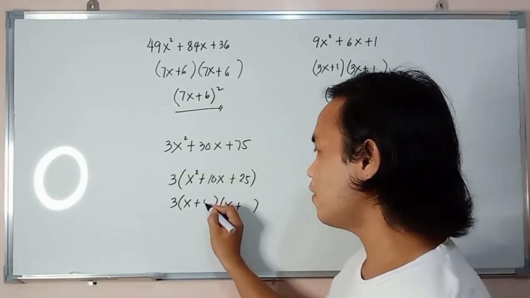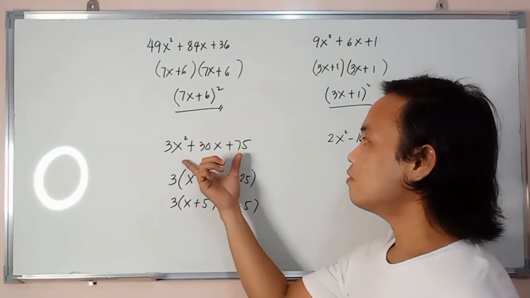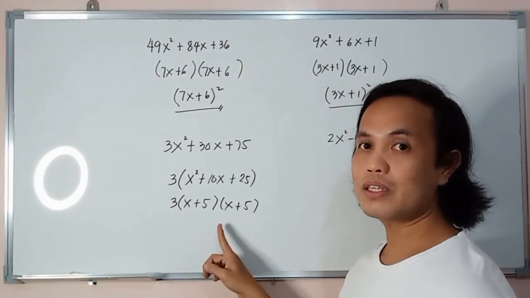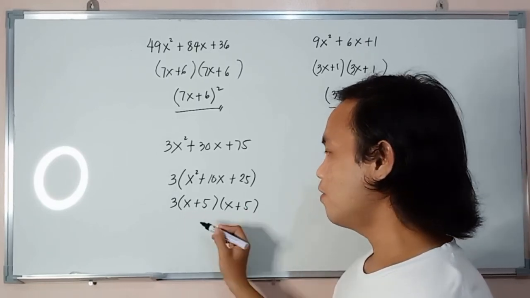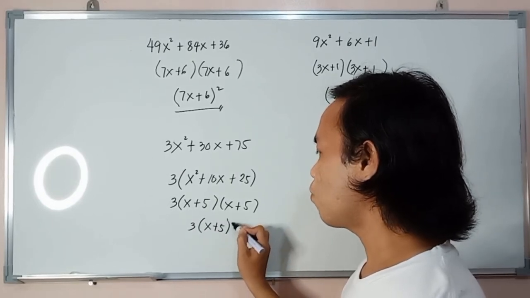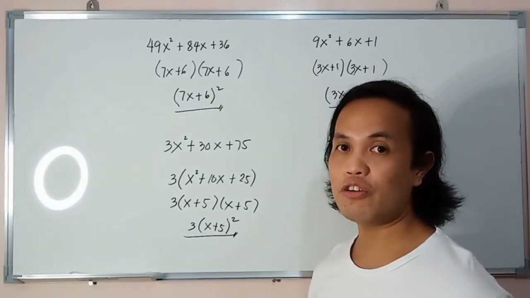So we write here 5 and 5. So therefore, the factors of this trinomial are 3 times x plus 5 times x plus 5, or we can write this as 3 times x plus 5 quantity squared. So these are now the factors of the given trinomial.